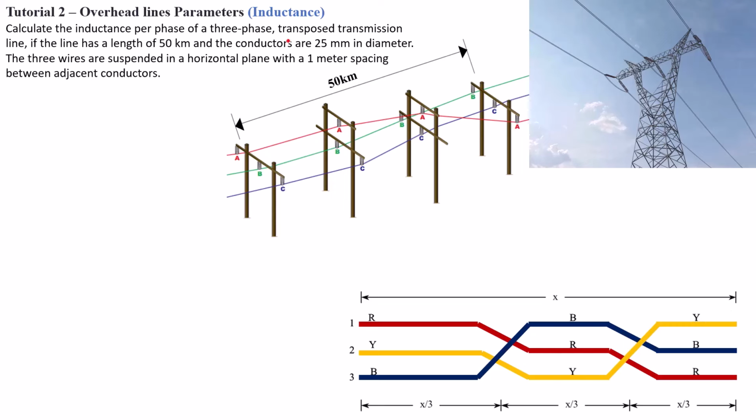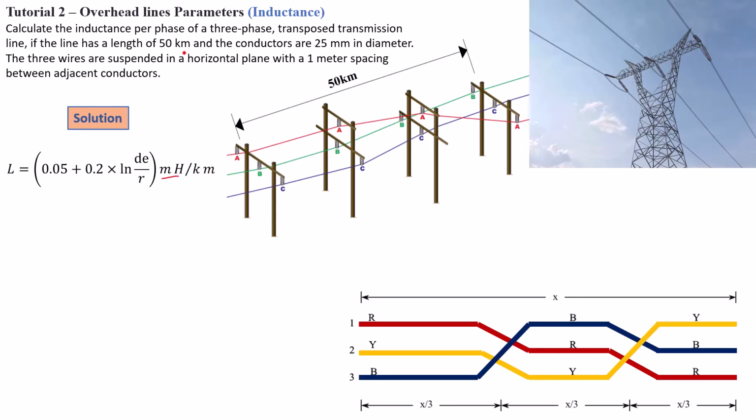Now, just as we solved the resistance of the line by calculating the resistance per kilometer, the inductance is also calculated per kilometer, given by a general formula: L is equal to 0.05 plus 0.2 times ln, the natural logarithm, of dE divided by R. So the answer will be in millihenry per kilometer, right?